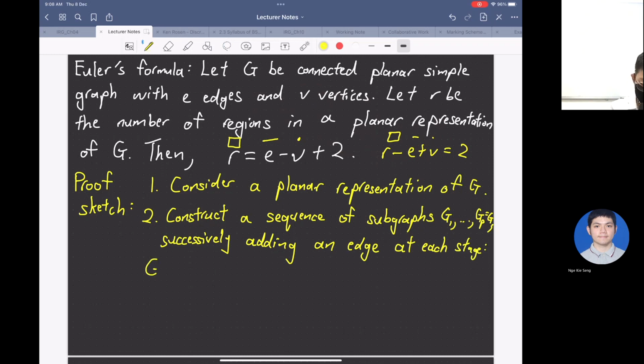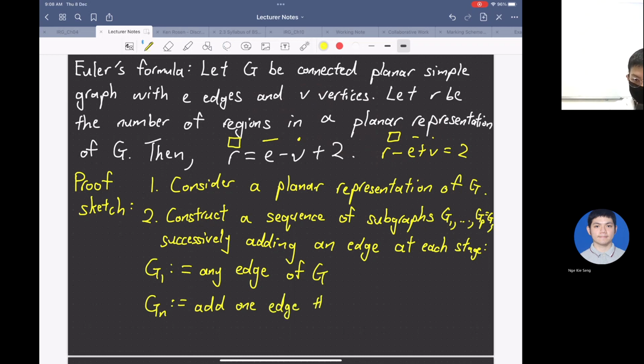G1 can be any edge of G, and then at each step Gn, you add one edge that is incident with a vertex that appeared at a previous step.